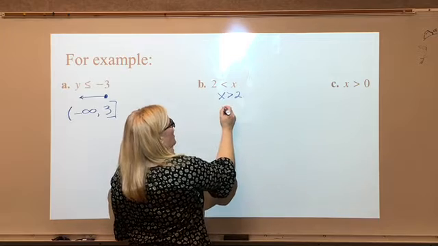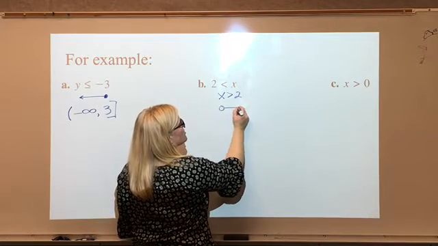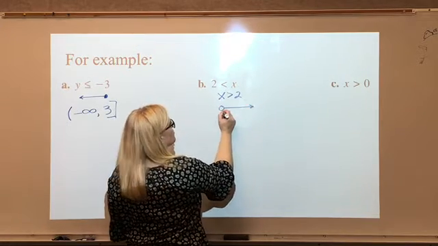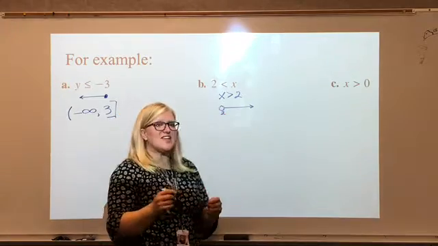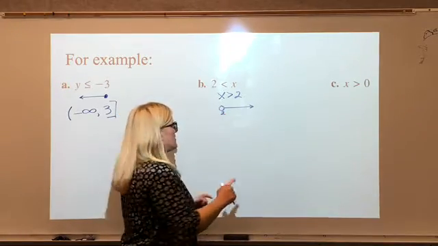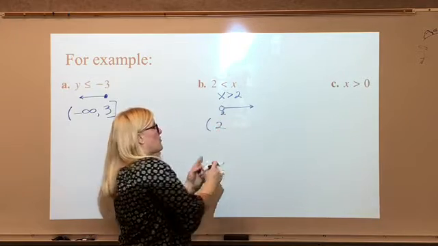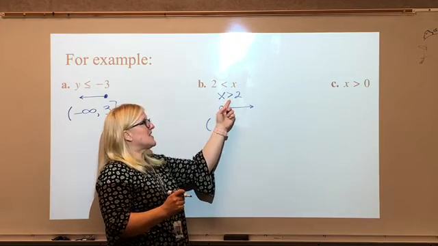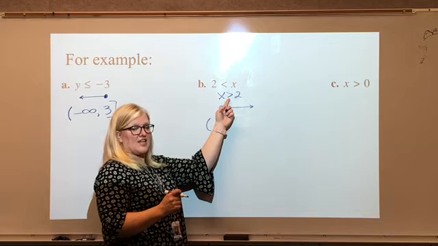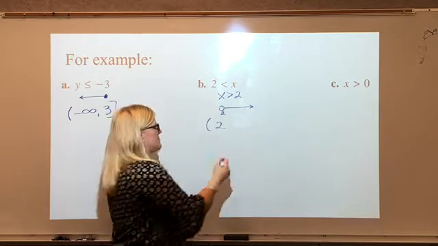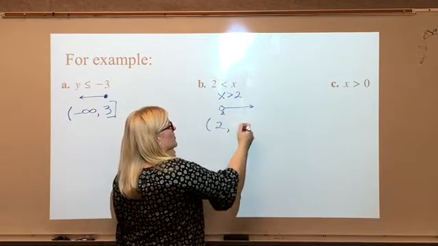Remember when I graphed it, it was x is bigger than 2. If I'm using interval notation, again, left to right, I'm starting at 2, and it's a parenthesis because it's a greater than. It's not a bracket. And it's going to infinity.